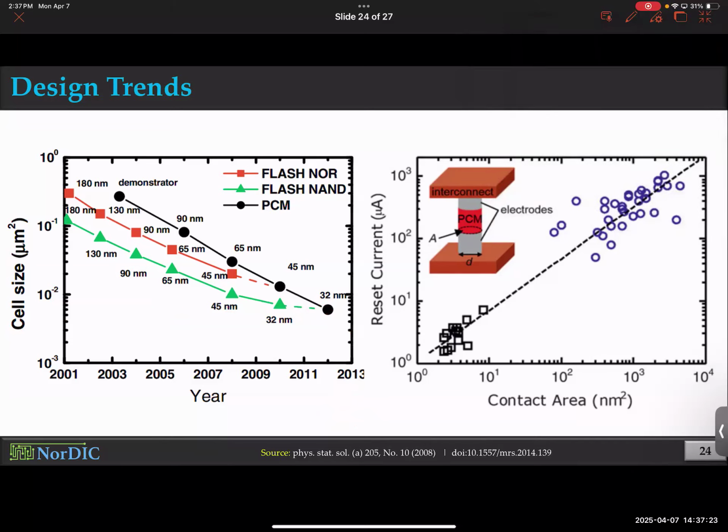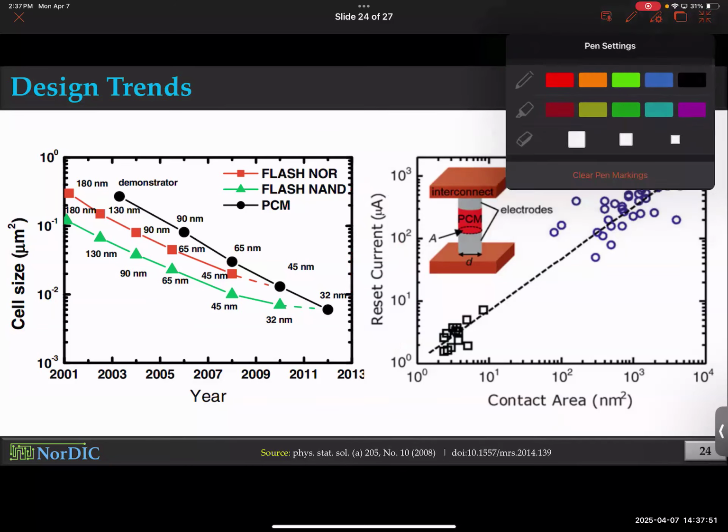The next one, reset current. Why do we care about the current level? Because it is related to the read-write energy. If you need higher current to set or reset a phase change memory, you'll be using up more energy to read or write. So just imagine a magic material that switches with really low current, that would be nice, don't you think?